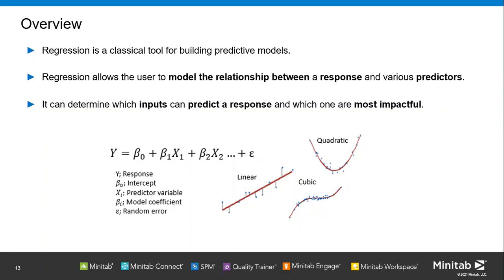For example, your response is a diameter. So what are the variables that impact your diameter? Maybe your temperature. If you have that kind of objective, you are able to use regression.